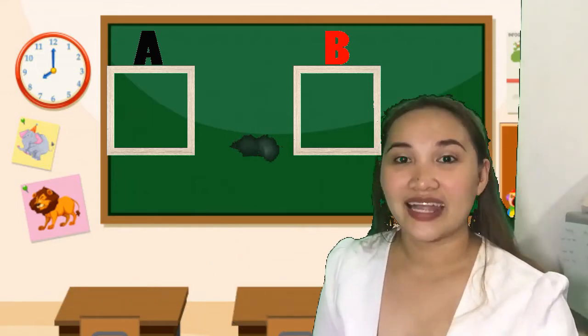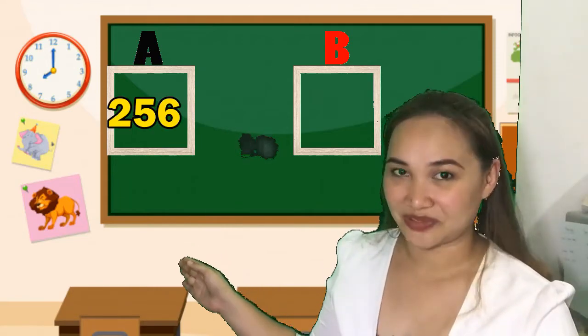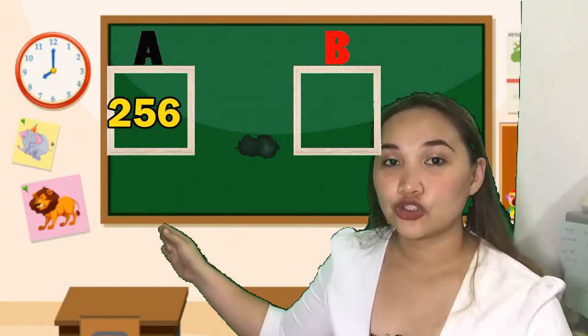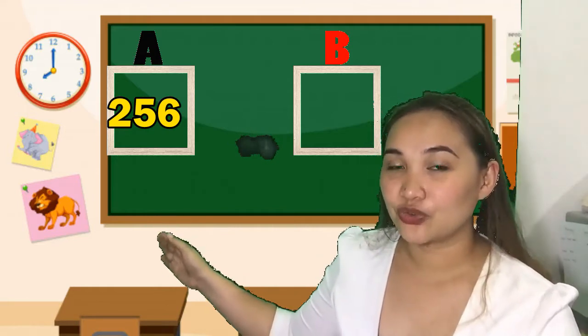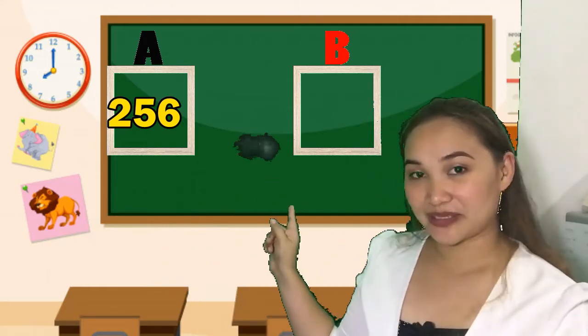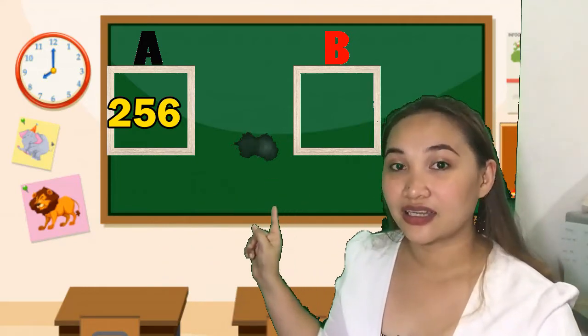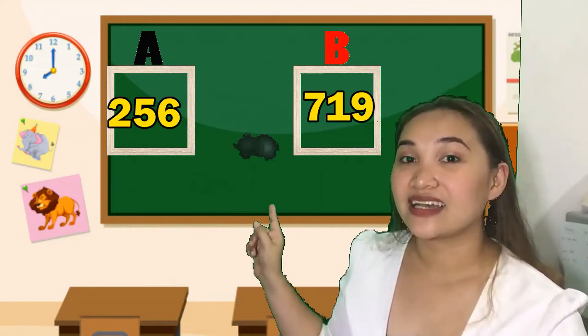Alright, so next example. Very good. We have 256. Box B, we have 719.